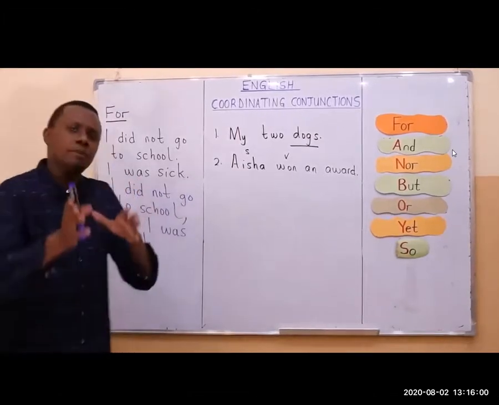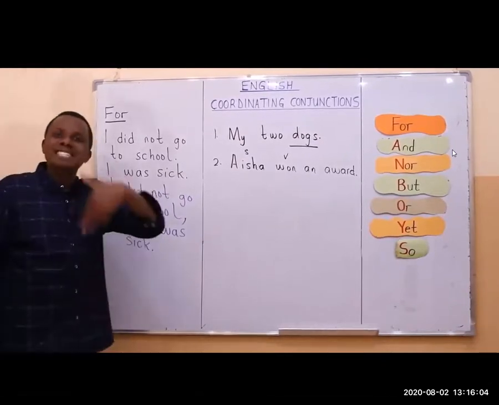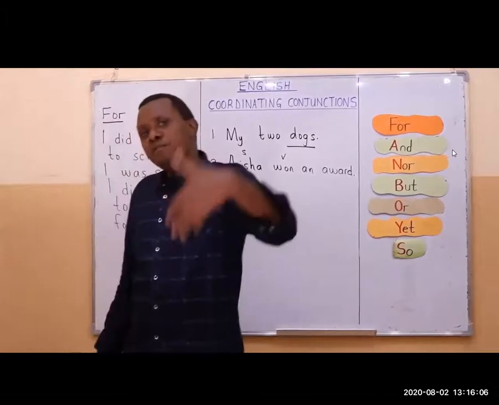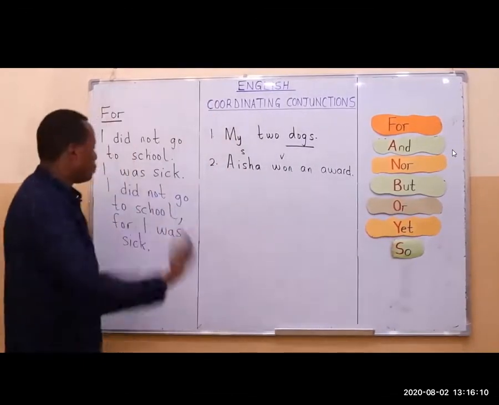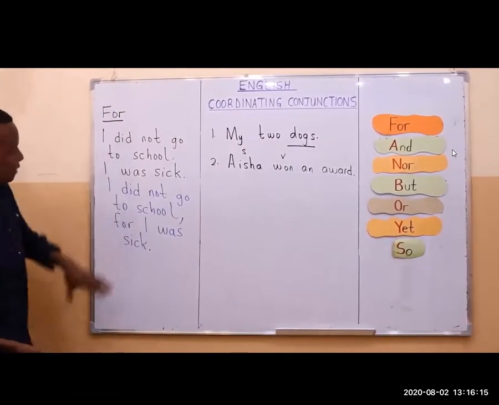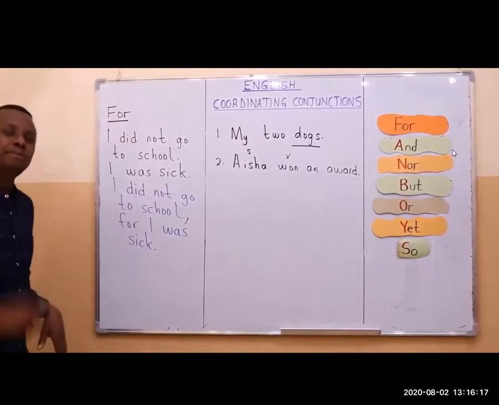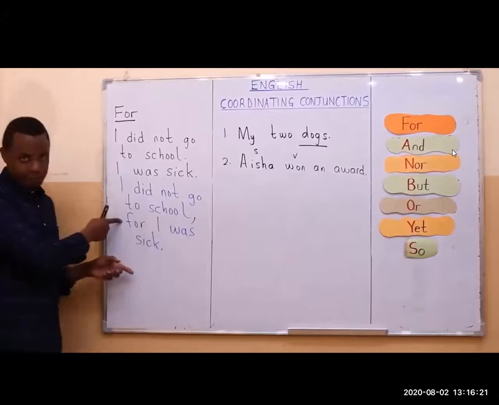Now let me explain something. When you have two independent clauses, and by independent I mean both of them have a subject and verb combination, then you're supposed to have a comma before you use the conjunction. If you look at these two sentences, both of them are independent clauses, and as a result, I'm going to have a comma before for.